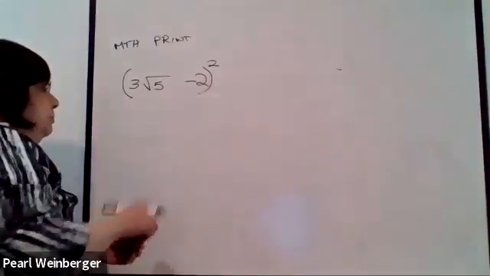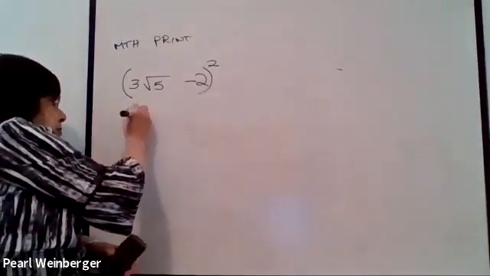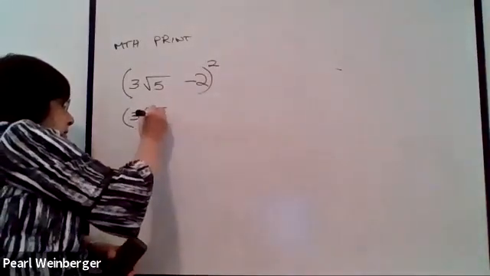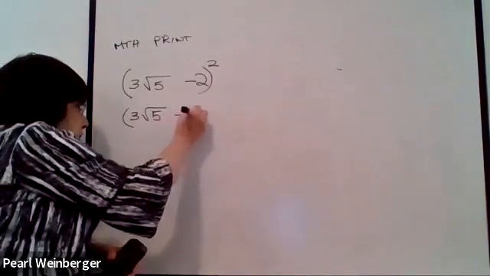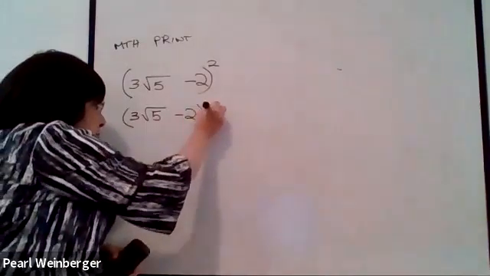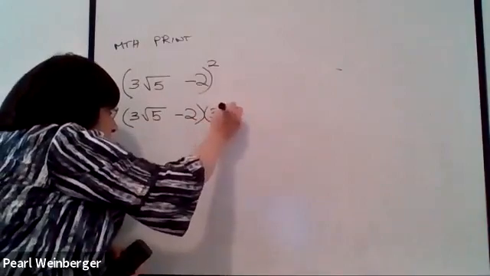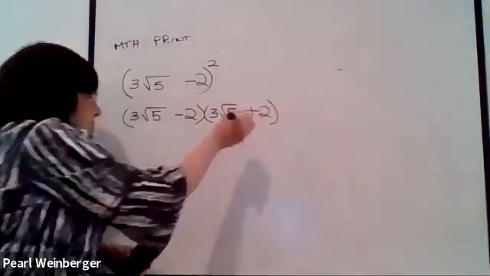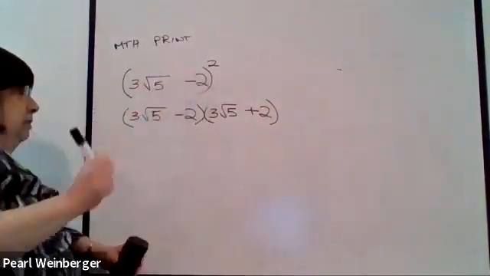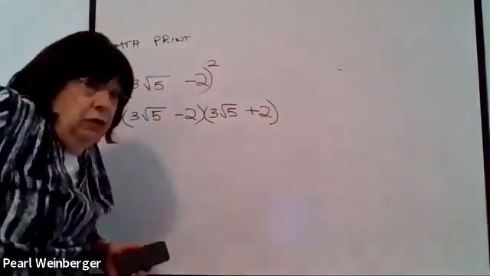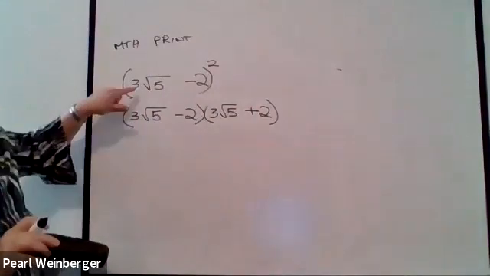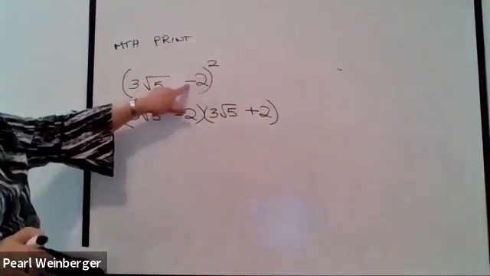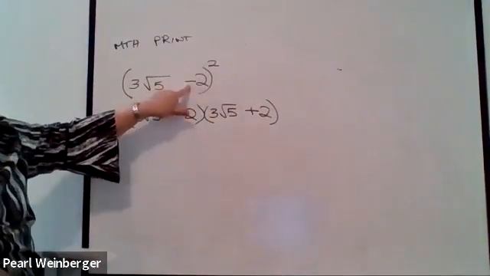Here's the problem I'm going to give you. I want you to multiply 3 radical 5 minus 2 times 3 radical 5 plus 2. Now, this is not the same thing as what we did before, because before when we did the binomial squared, I had to multiply them both with negatives.